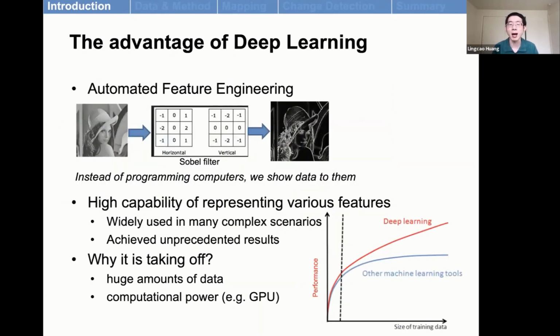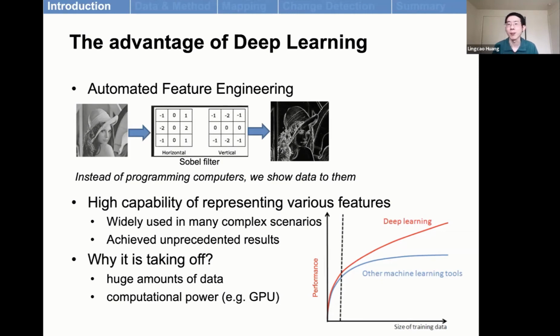Before I talk more, I would like to talk a little bit about deep learning, because this is the technology I used. If you're familiar with image processing, there is something called feature engineering. Here is an example: a Sobel filter is an algorithm where we input an image and output the edge information.